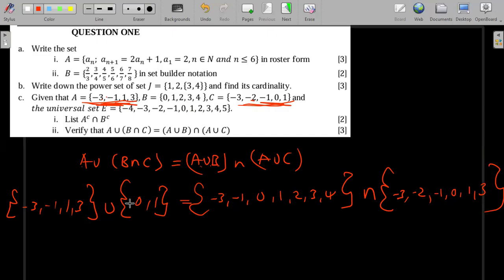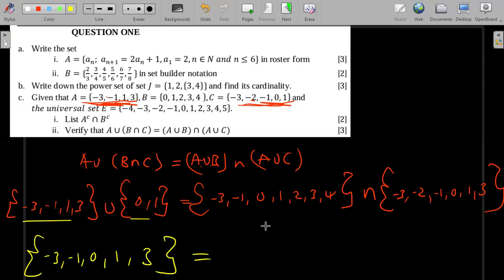Now let's find the union of what we have on the left. This set here union this set, what are we going to have? We're going to have -3, -1, 0, 1, and 3, if I get the union. And then on the other side, I'm finding the intersection. So what elements are in this set and in that set?